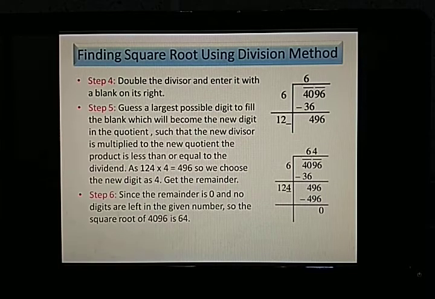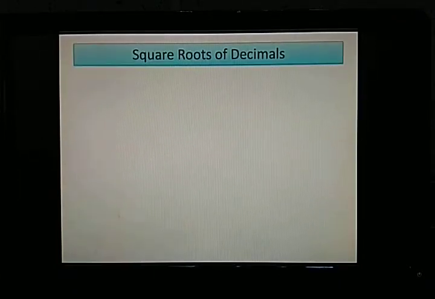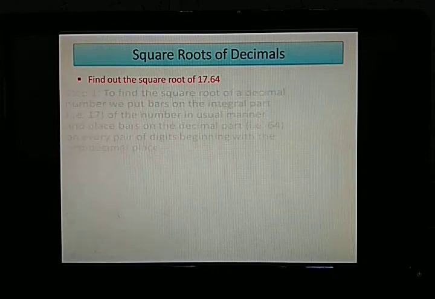Clear? Now next, moving on, the square roots of decimals. We have discussed the normal non-zero positive numbers. Now we'll discuss how to find the square roots of decimals. It is also kind of similar.